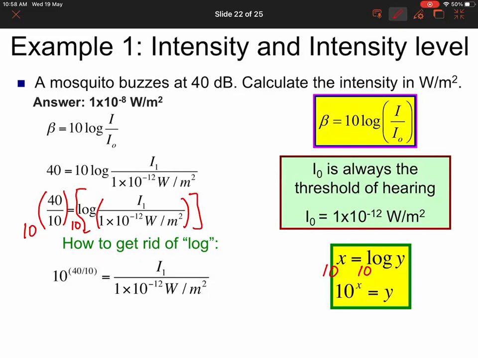And then on the left hand side, you have the base 10, and the exponent is this 40 divided by 10.